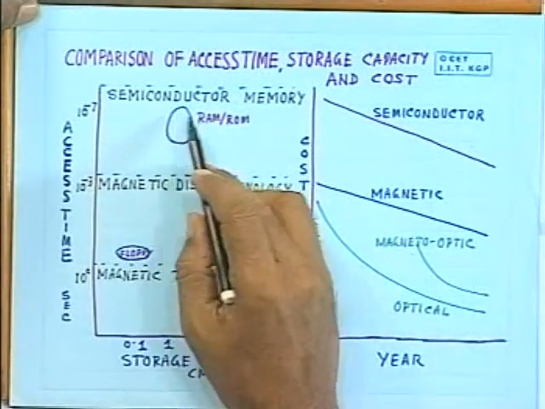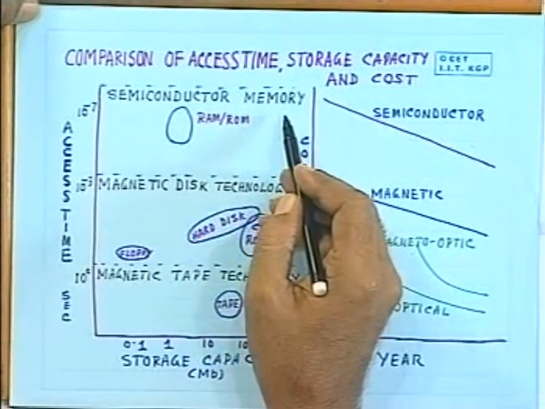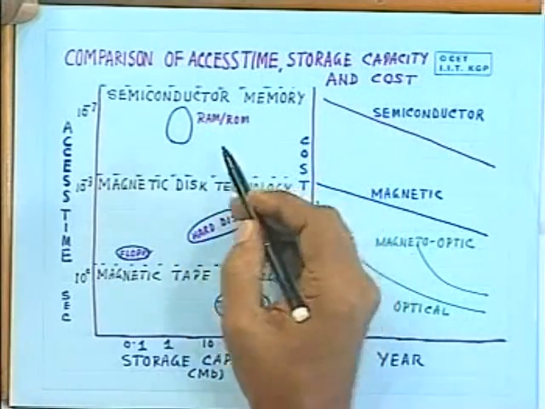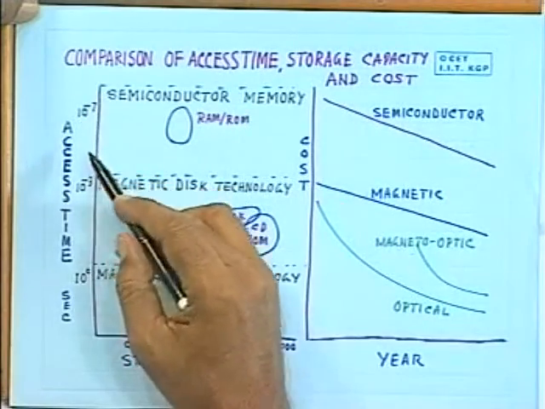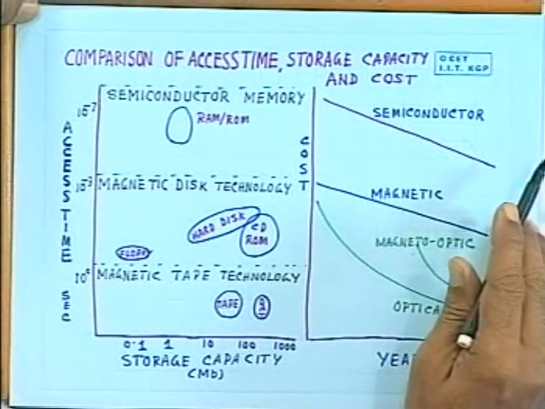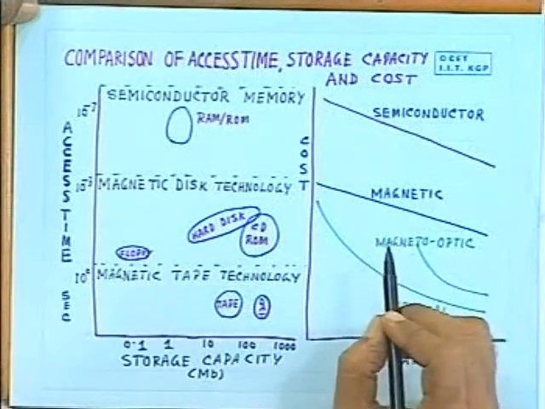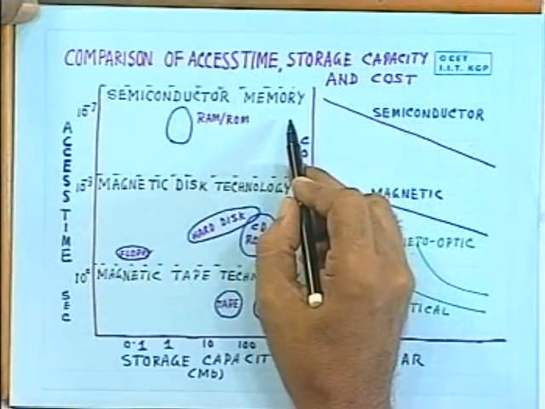Semiconductor memory devices like RAM and ROM are much faster, taking time of the order of nanosecond. Obviously, semiconductor memory technology is the fastest.